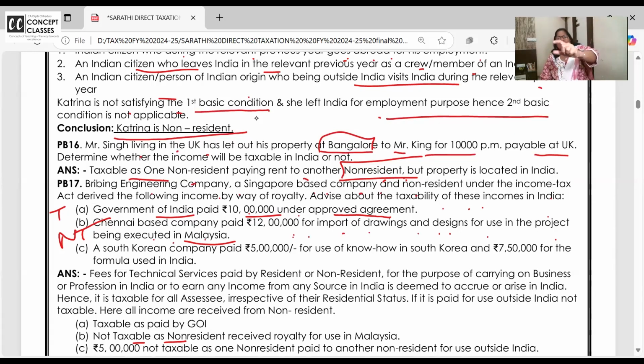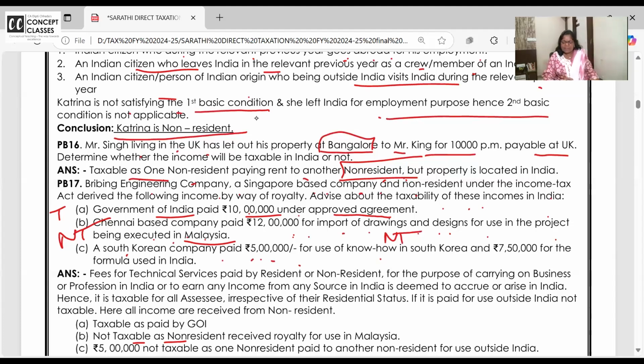Who is getting the income? Non-resident. He'll say, I have nothing to do with India. Income is received in Malaysia, accrued in Malaysia, and I am also a non-resident. Why should I pay tax in India? Same if the non-resident had received for a project in Mumbai, very well taxable. Next. A South Korean company paid 5 lakh for technical know-how in South Korea.